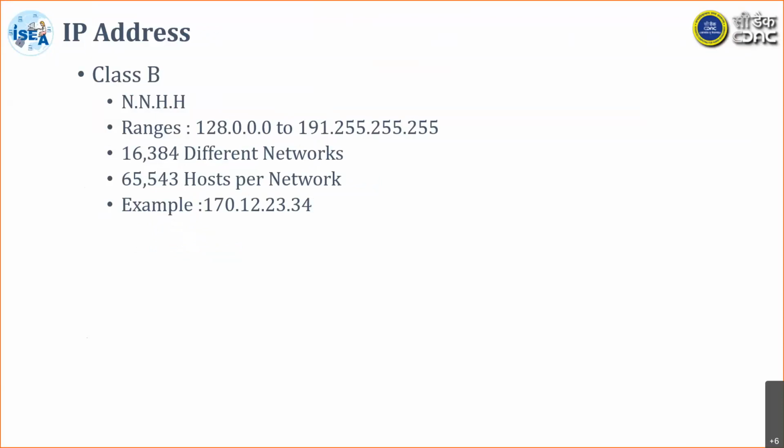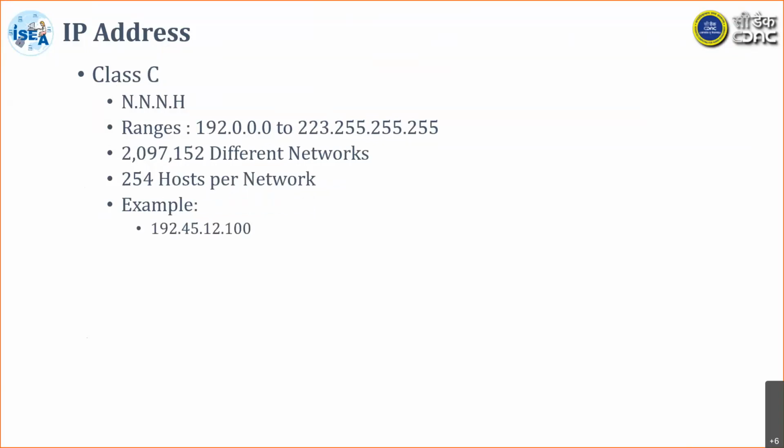Here we have 16,384 different networks and 65,542 hosts per network. So it is used for medium category organizations. Class A is used where there is a requirement of a huge number of hosts, and class B is used for medium organizations where the hosts are limited per network up to 65,000.